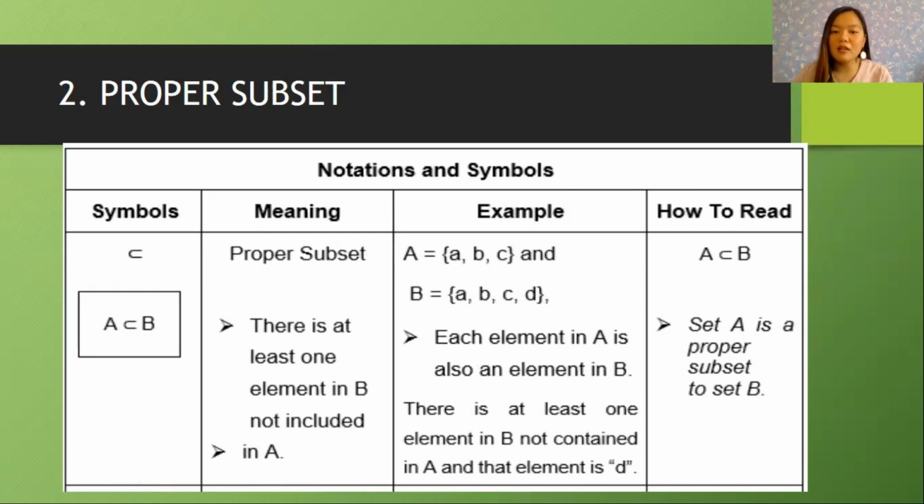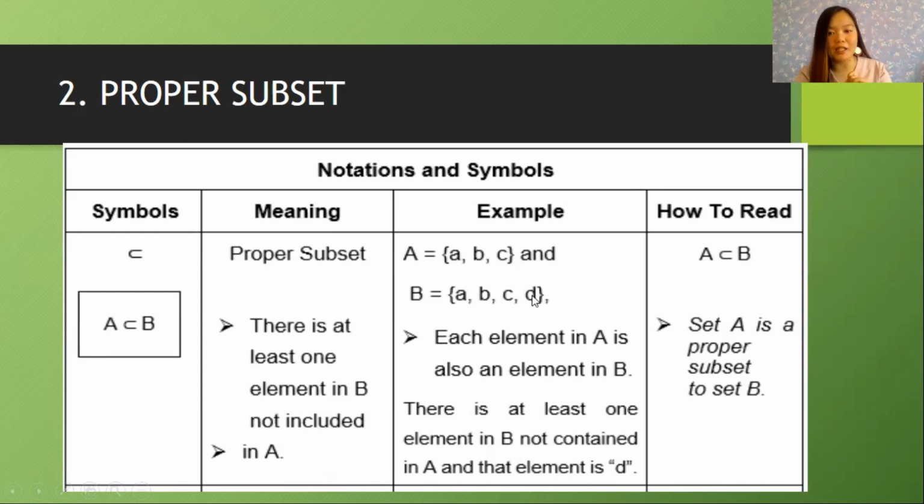Set A is containing the elements A, B, C. And set B is also containing the elements A, B, C, D. It is a proper subset because there is at least one element that is not included in A. So, what is that element that is not included in A?